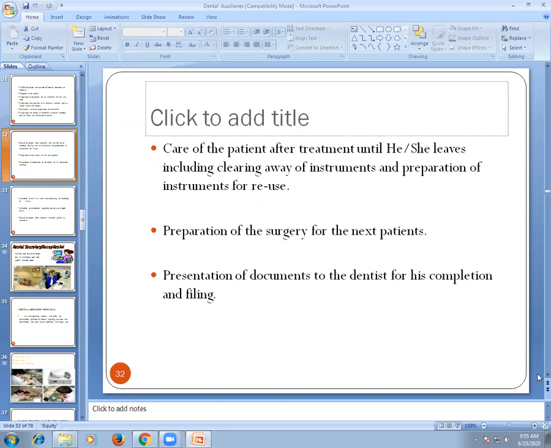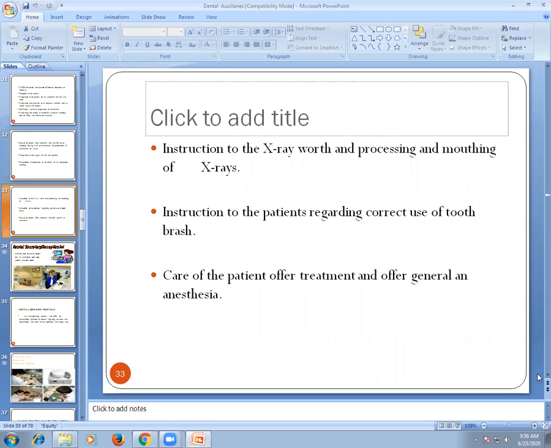Preparation of the surgery for the next patient. Preparation of documents for the dentist for his completion and filing. The dental assistant helps with instruction for X-ray work and processing and mounting of X-rays.